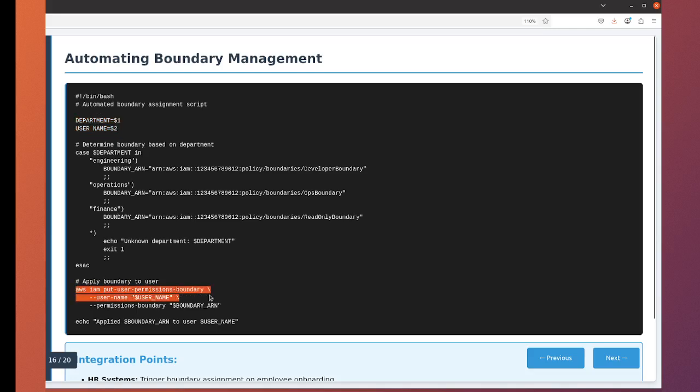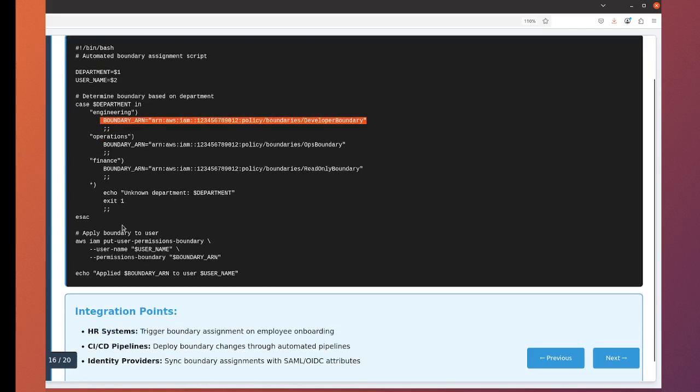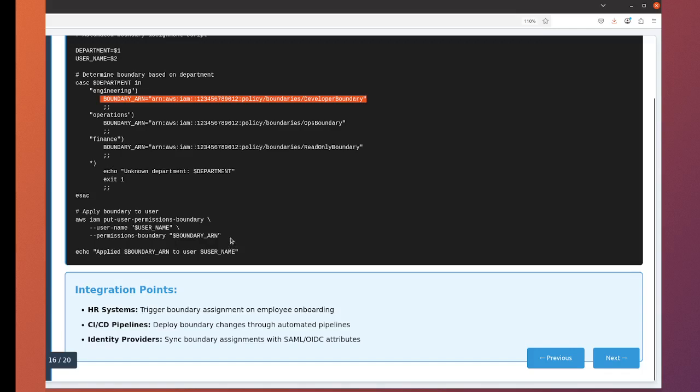This script template shows how to automate boundary assignment based on user attributes. You might trigger this when new users are created or when users change departments. The key is integrating with your identity management system. The script checks if a boundary already exists before creating it, preventing duplicates. It also includes error handling for common scenarios like network issues or insufficient permissions.